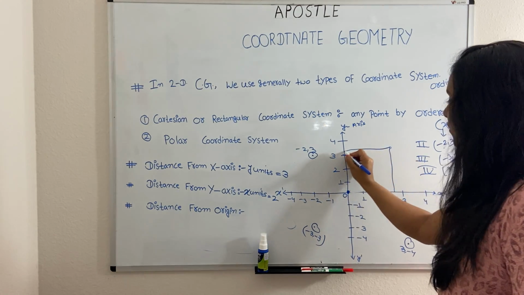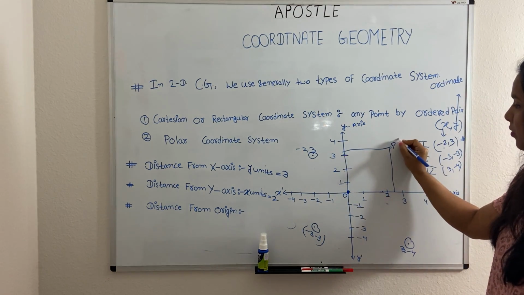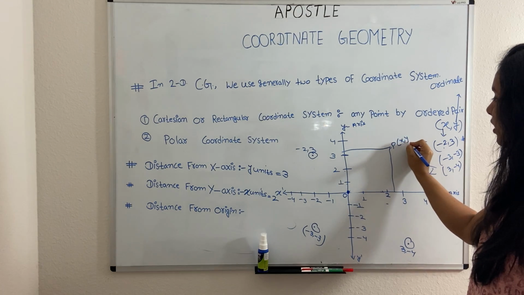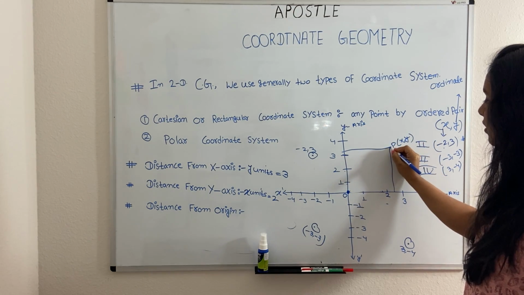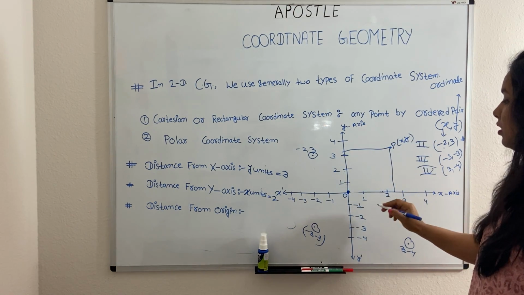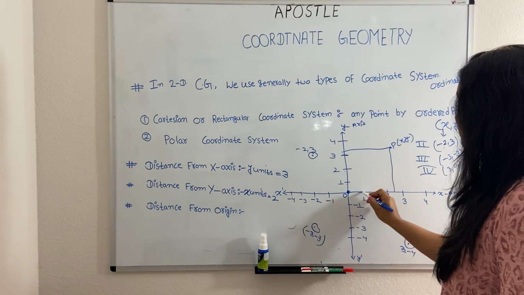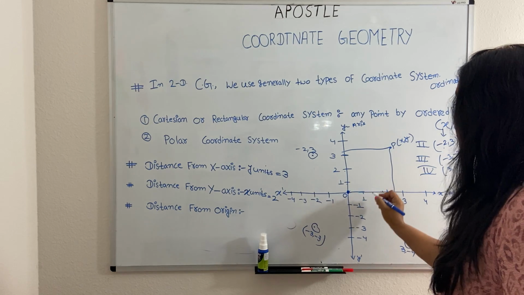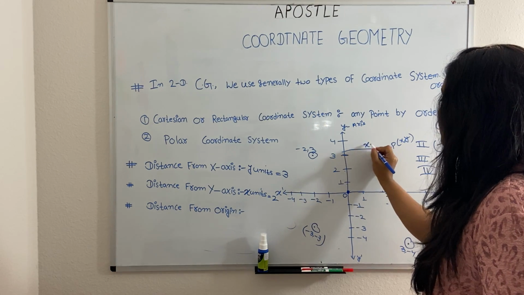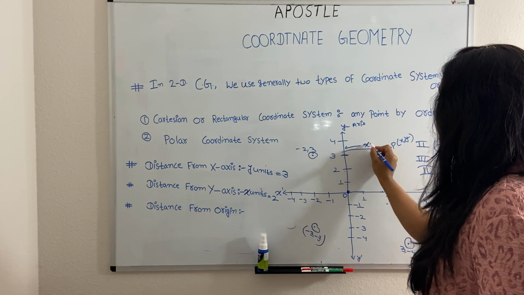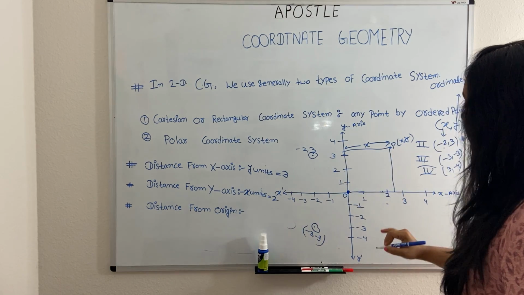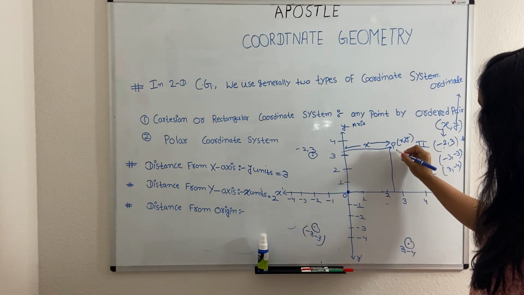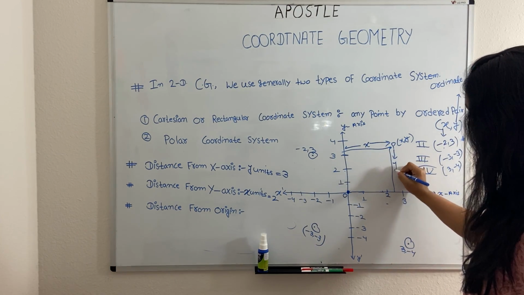This is my x comma y, and I name this point P. So my distance from the y axis is what? My distance from the y axis is x units, and the distance from the x axis is y units. Clear?